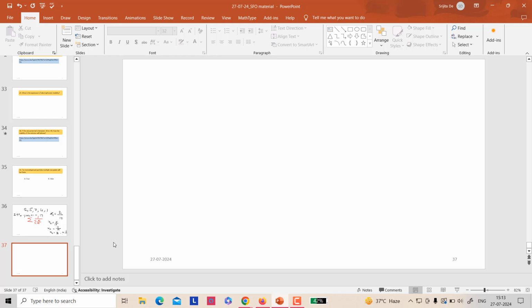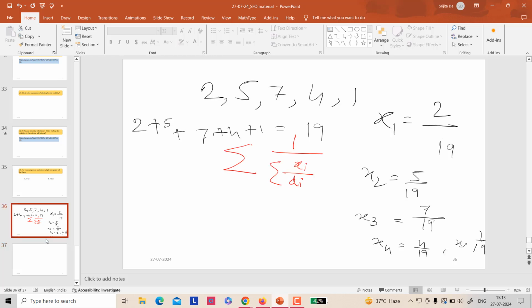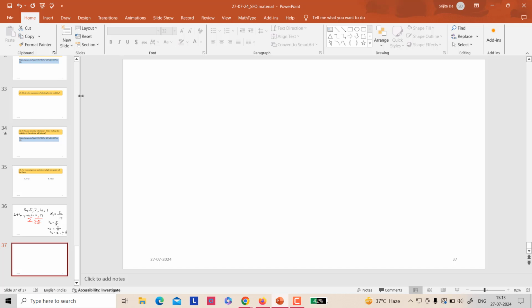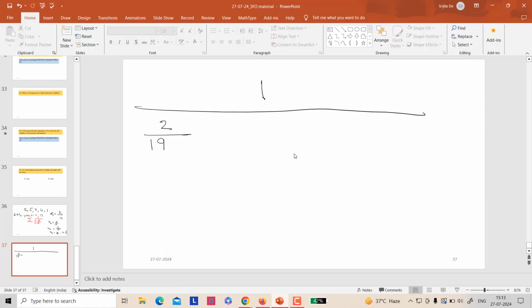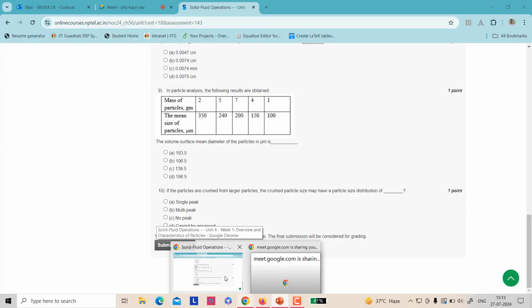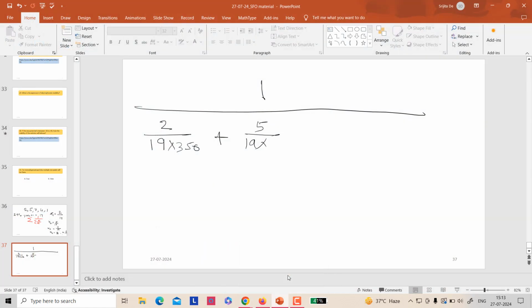Like first, x1 is 2 by 19. So finally it will be 1 divided by the sum of 2 by 19 divided by the mean size of the particle. For the first case it is 350, so 2 by 19 into 350. For the second case, 5 by 19 into 240.